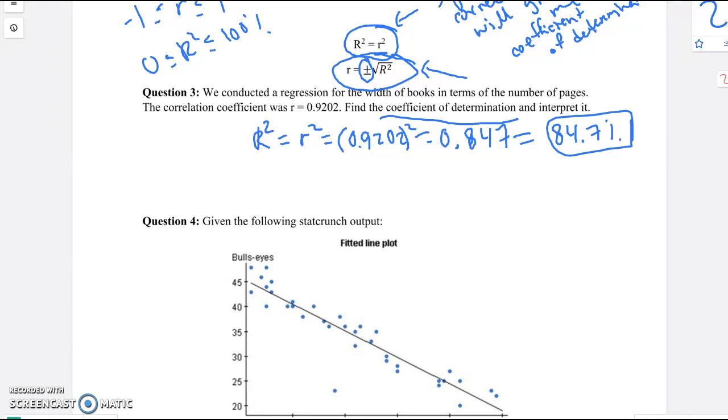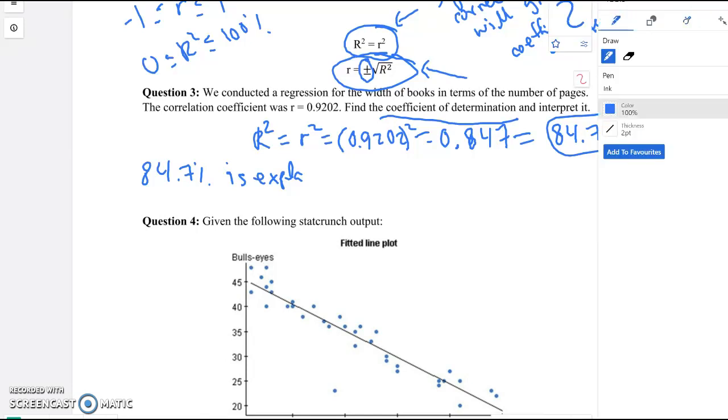Now, what exactly does this r squared mean? This means that even though I don't know anything about the regression line or what it looks like, this tells me that 84.7% is explained. Oops, sorry, maybe that's not the way I should describe it.